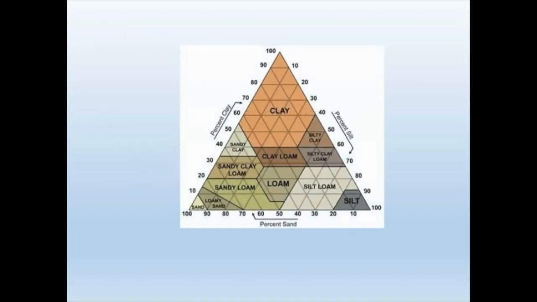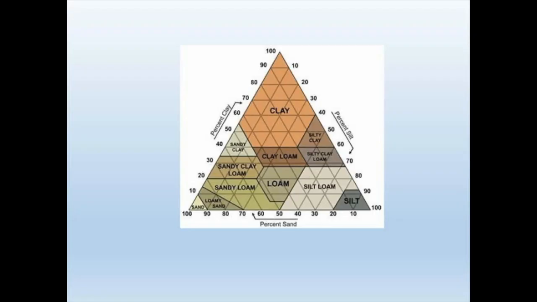And USDA has helped us define a soil textural triangle. You put percent sand along the bottom, percent silt, percent clay. If you know 2, then you know the third, and you can put your percent sand, silt, and clay, after you determine them, onto this triangle, and then get a textural name.